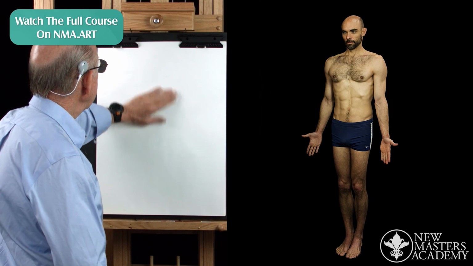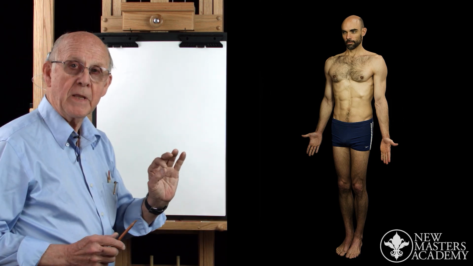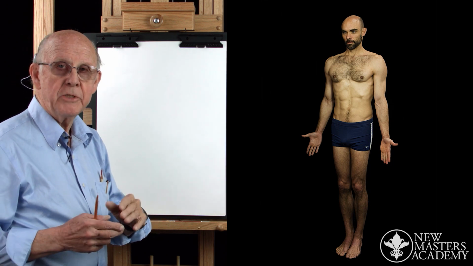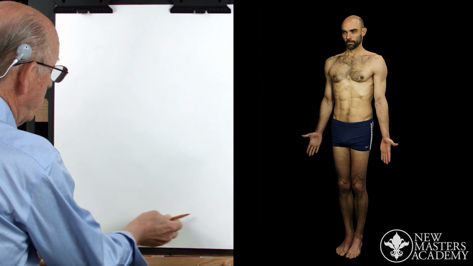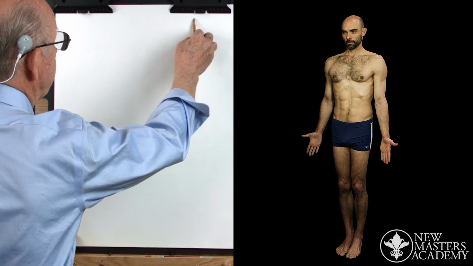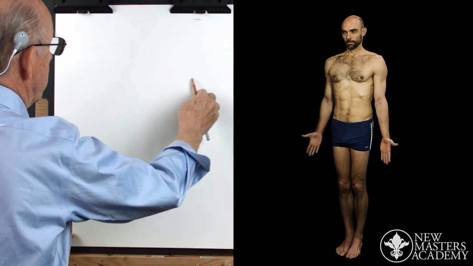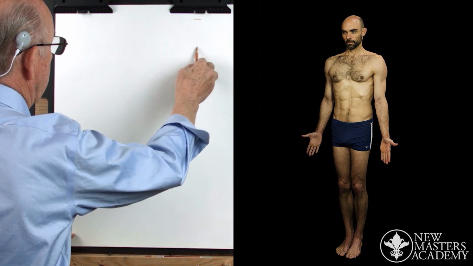Okay, now let's go through the proportions. First of all, I'm going to give you two basic approaches. Generally speaking, in almost all your anatomy books that you see, people use 8 heads high figures, where you have basic proportions, breaking it down.